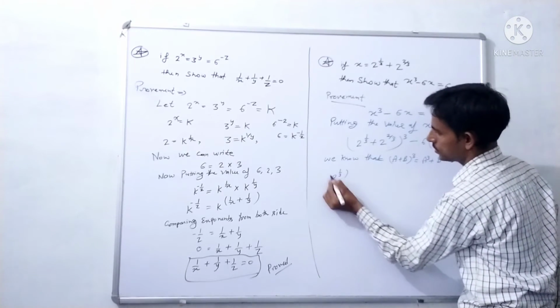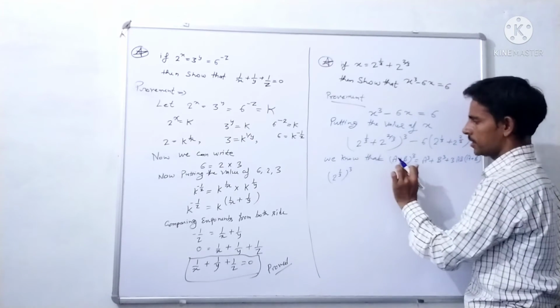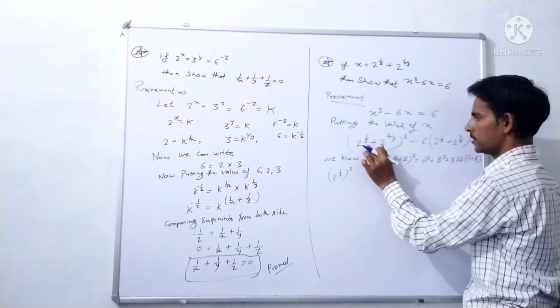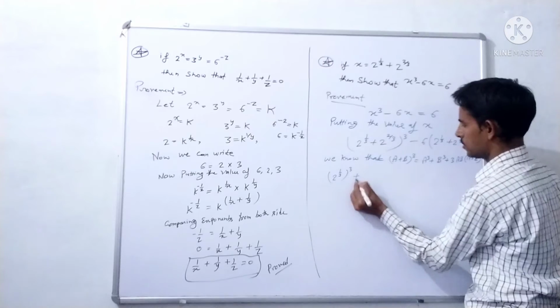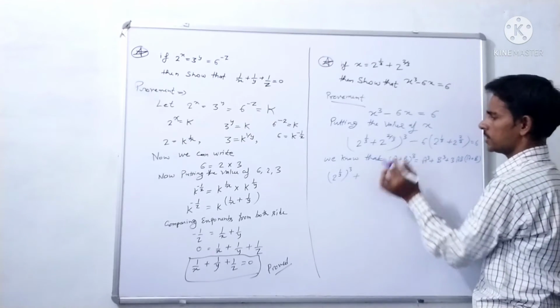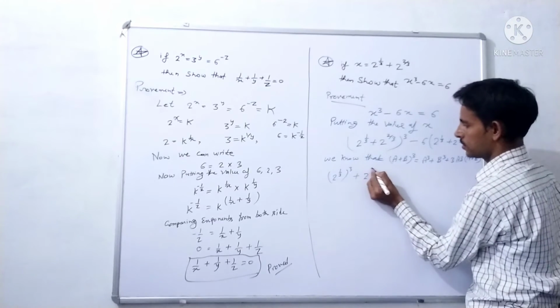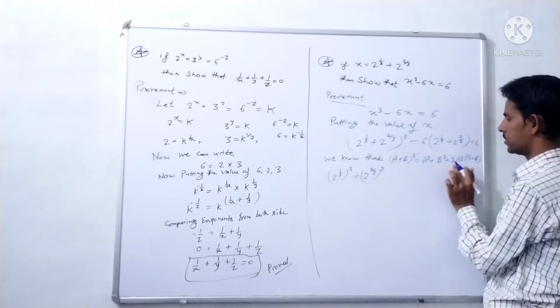In the place of a we have 2^(1/3), so a^3 = (2^(1/3))^3, plus the value of b, that is 2^(2/3), cubed, b^3, plus 3ab.